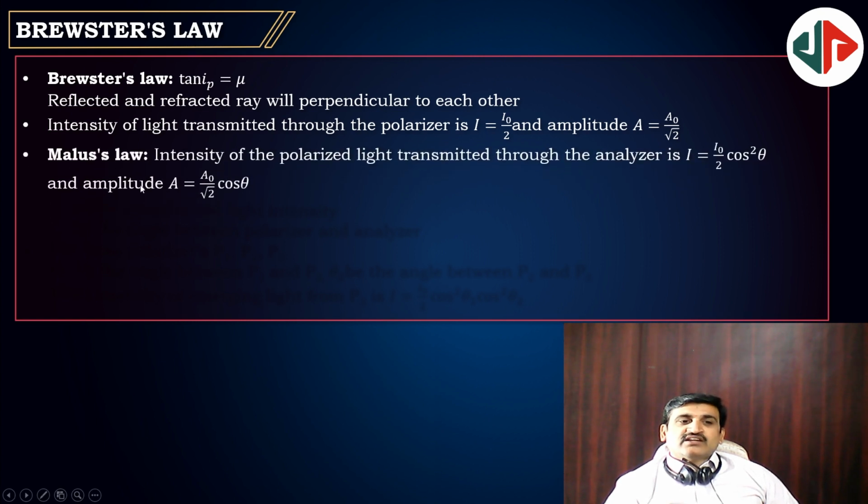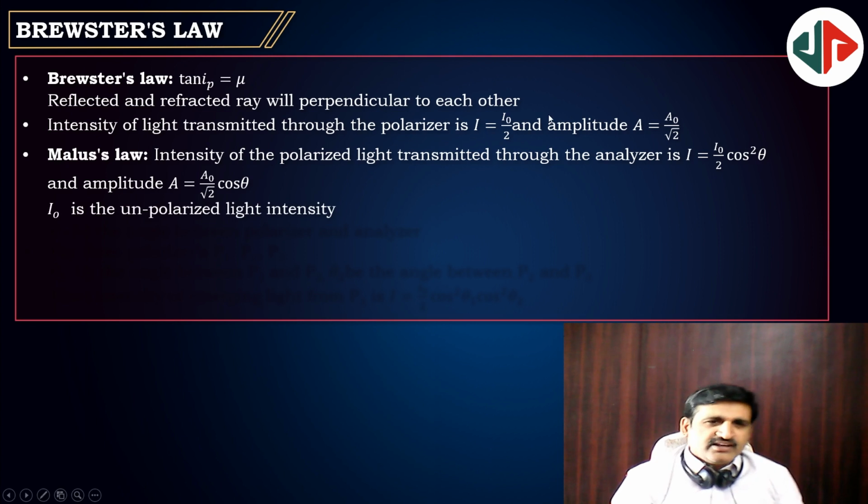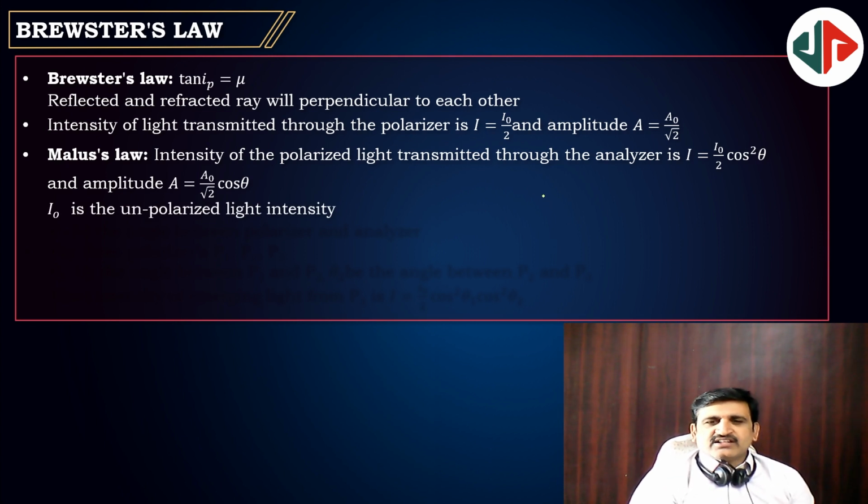Malus law. Already polarized light is passed through another polarizer kept at an angle, then I is equal to I naught by 2 cos square theta, where I naught is the unpolarized light before that. Next, let me explain a little. Suppose I naught is unpolarized light, entering a first polarizer, I can call it P1, then it is going to become I naught by 2 only.